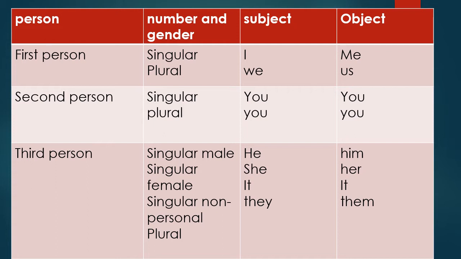Now you will find out if it is a first person, whether the first person is singular or plural. If it is singular, we mention it as I. Okay, and what object do we use? We need to write with the subject I, me. Okay. Then comes the plural.